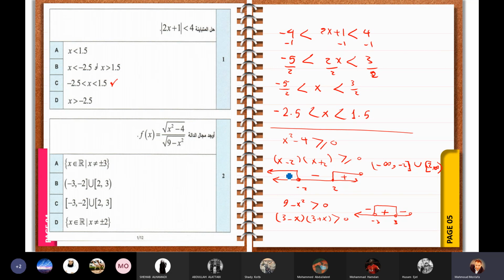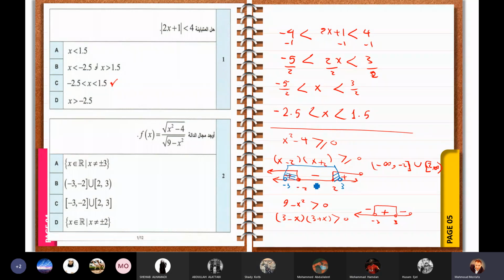So we have to put -3. -3 is less than -2. So we can put it here, -3. +3 greater than 2. So it will be like here. Where is the intersection? This part plus this part, right? Correct?